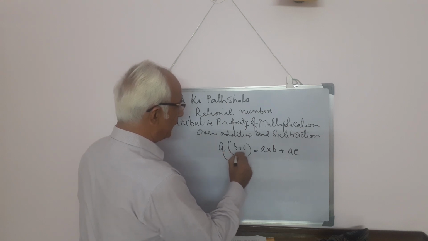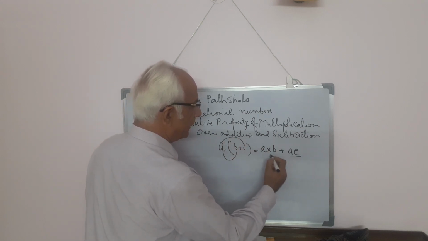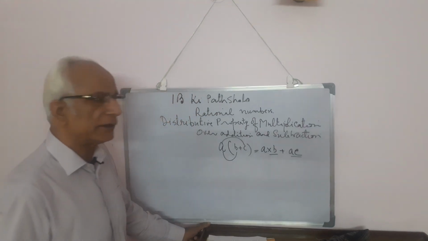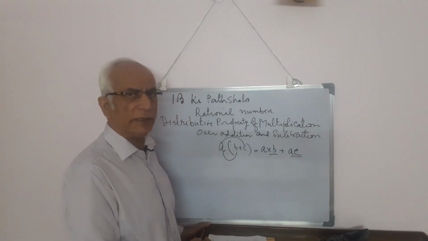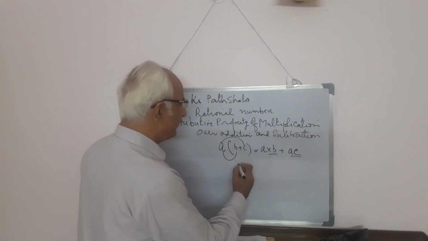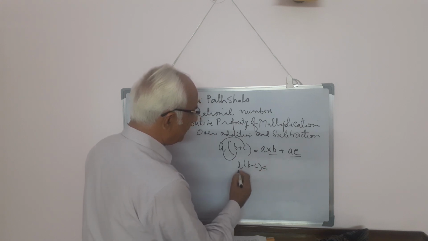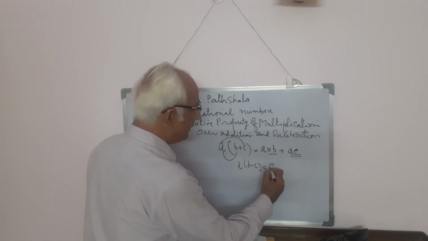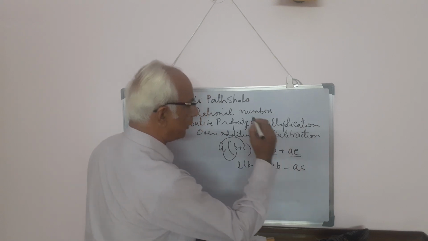A can be multiplied by B, then A can be multiplied by C, and both the products can be added. This is called distributing. We are distributing this factor to these numbers which are to be added. And if they were to be subtracted, again we'll multiply this factor A to B and A to C and subtract the products.